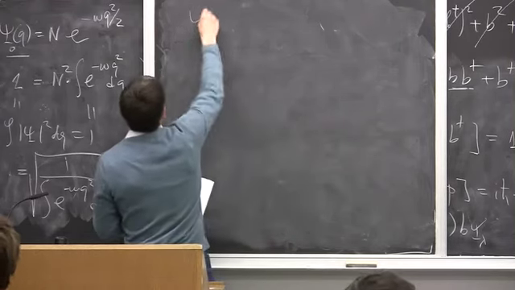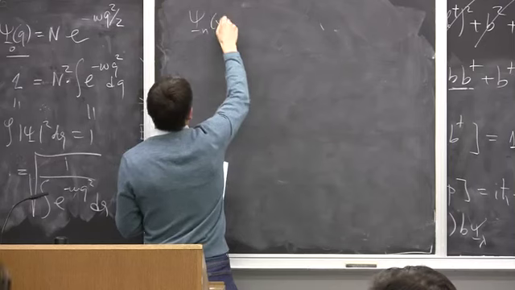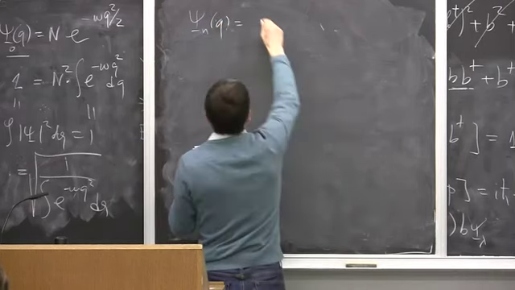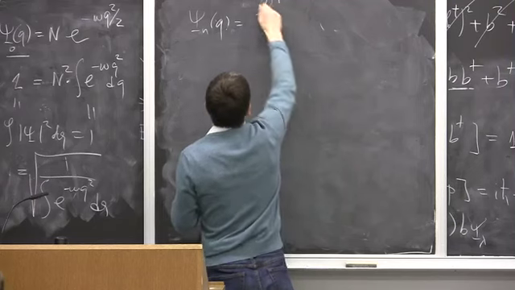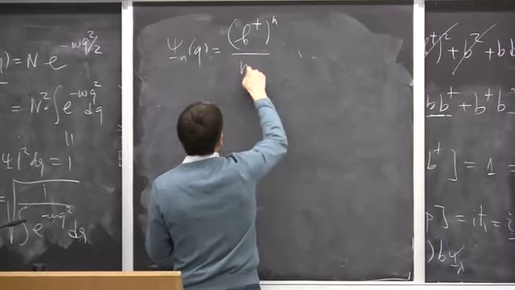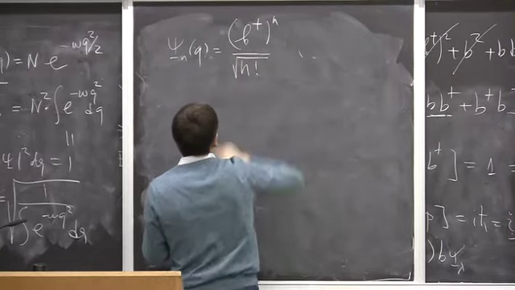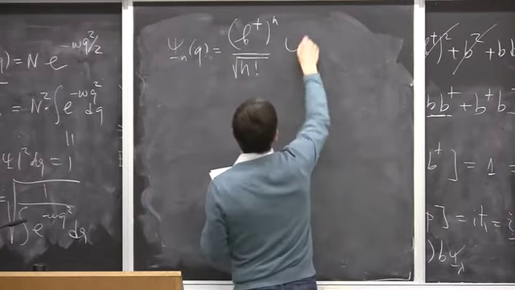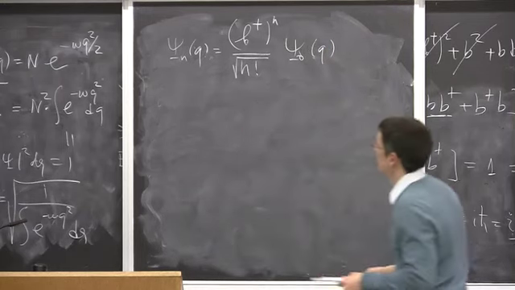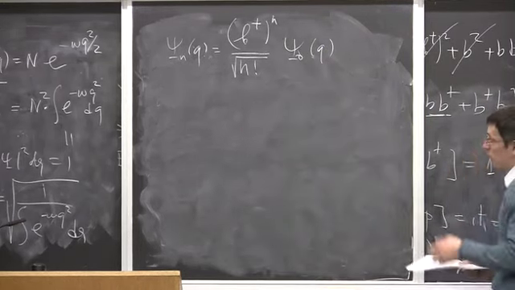We can always write that psi n of x, or of q, is b dagger to the nth power divided by the square root of n factorial, acting on psi 0 of q. Okay? So that's the general form.